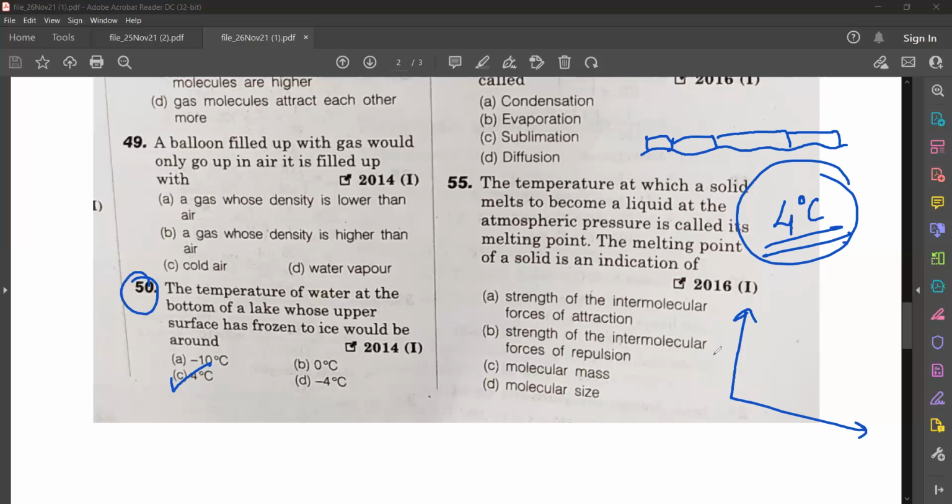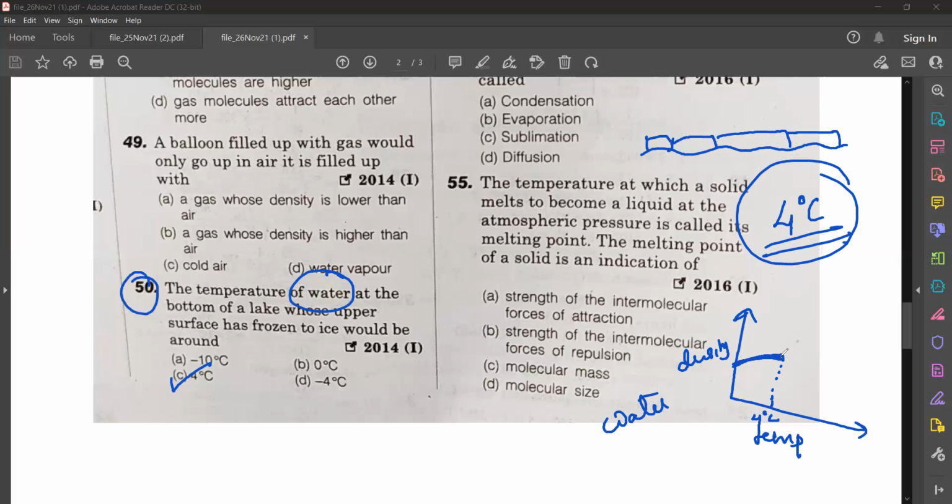See, if this is density versus temperature of water, then when temperature increases up to 4 degrees Celsius, density increases. For water, up to 4 degrees Celsius, density will be increasing.